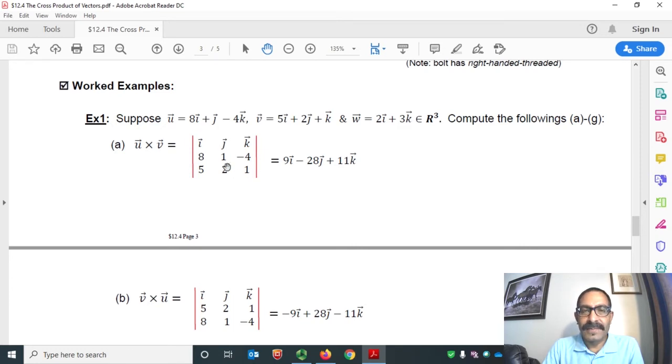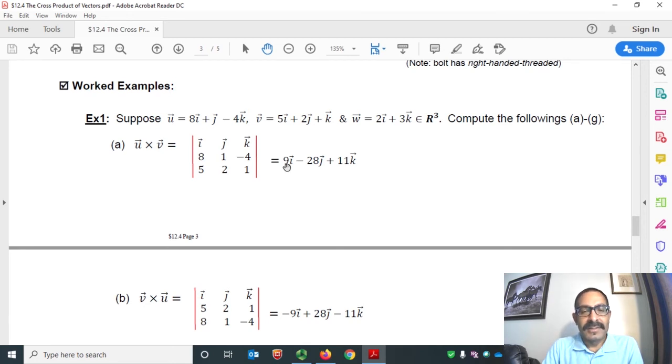Then let's expand this determinant. We know how to expand this determinant from earlier, but let me show you here. First write down the i, then cross out the column and row involving i, so that I have 1, -4, 2, 1. That's a 2 by 2 determinant, and multiply diagonally. So this is 1 times 1, and put minus from the formula, 2 times -4. That means 1 minus -8 is 1 plus 8, so 9i.